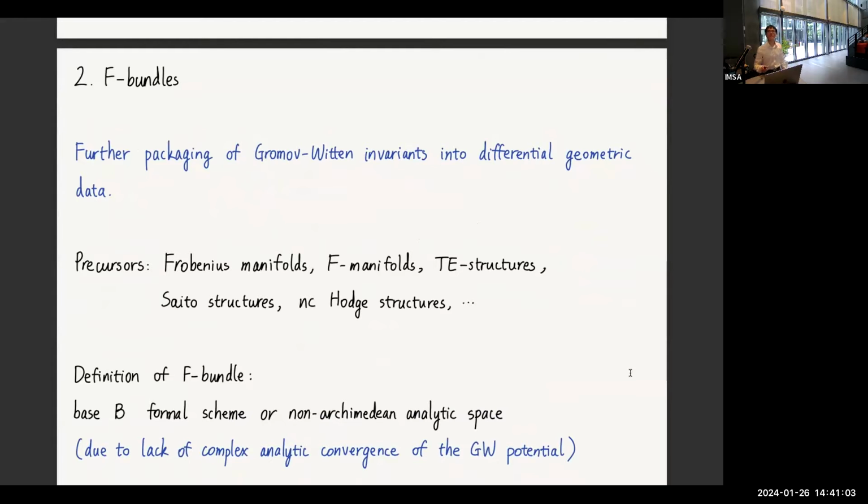I think originally we called it F bundle because we wanted it to have the meaning of both Frobenius and formal. But later we realized that we need to work with non-Archimedean also. So strictly speaking, if you know the definition of all these older structures, then the F bundle for the non-Archimedean case is exactly the non-Archimedean analog of the TE structure in the complex case.